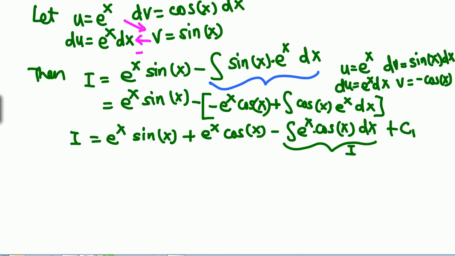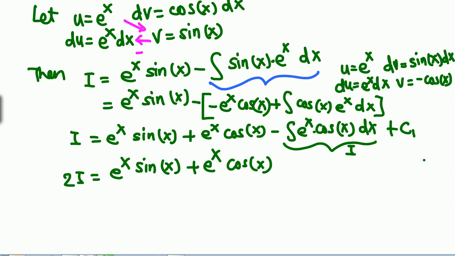Okay, let's move this to the left side, negative I and here's I, so it becomes I plus I, 2I, two integrals in fact, equals e^x sine x plus e^x cosine x, this part is gone, plus a constant, any constant C1.